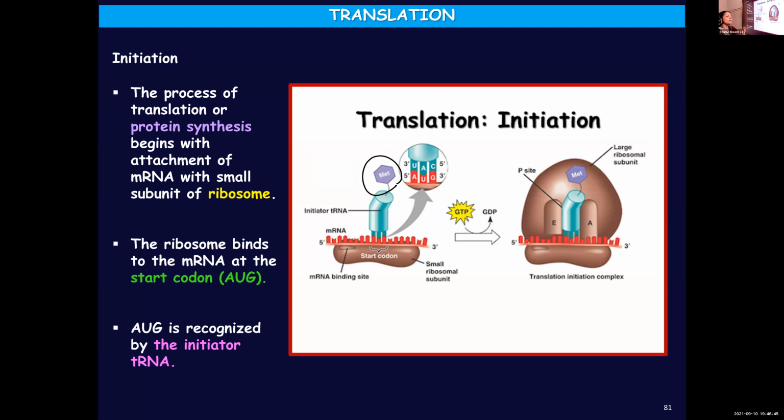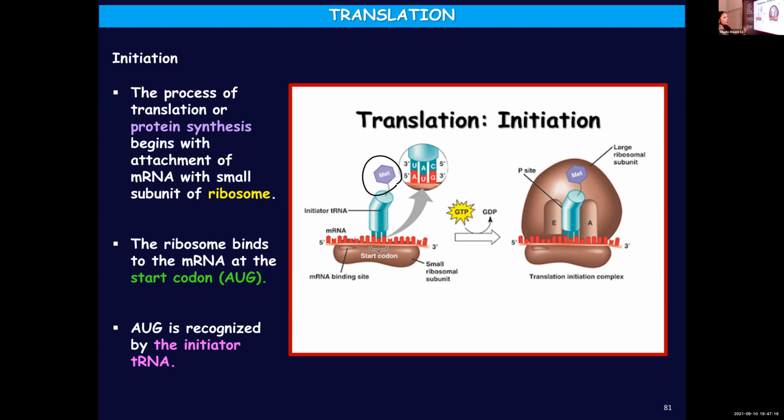And I told you the ribosome has 3 specific sites. E, the exit site: it is from there that the transfer RNA, after transferring the amino acids, is released. Then the P site, the peptidyl site, is where the process begins, and through the A site new transfer RNA molecules enter the ribosome.